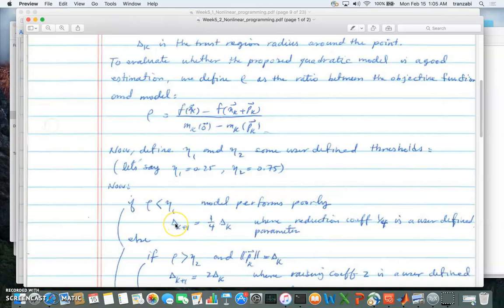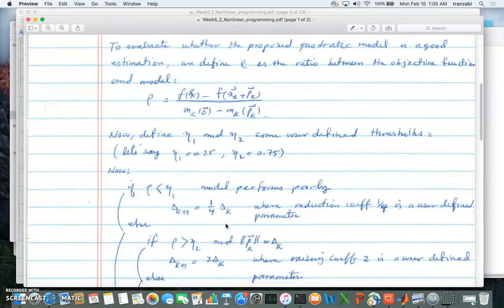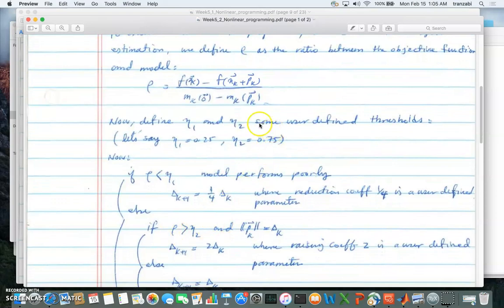For the new step size, we're going to have, let's say, 1/4. That's the coefficient 0.25, right? 1/4 of the current step size. Now, on the other hand, if the ratio is bigger than the second number, 0.75, that means we are making really good progress and the function is reducing a lot.